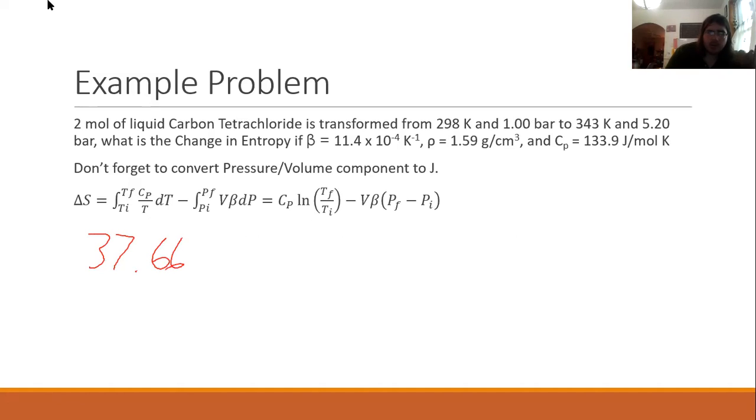So at 1 bar, the density, so we have 2 moles. The density of carbon tetrachloride. So 2 moles times the molar mass, where carbon is 12 and chlorine is close enough to 35.45, and there's 4 of them. Okay, I did that wrong at first.